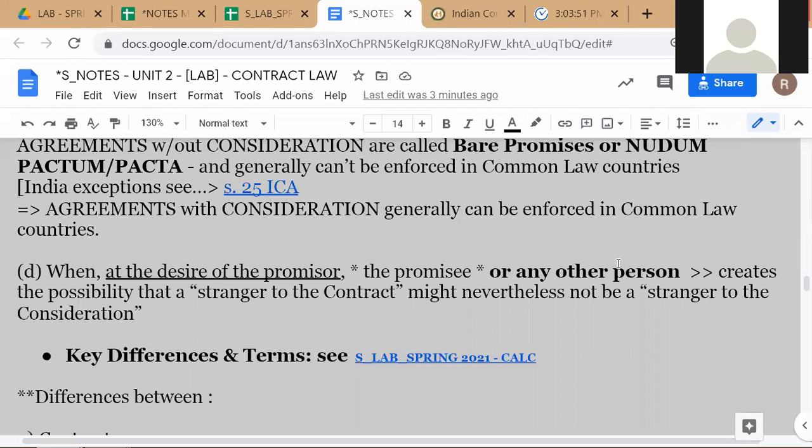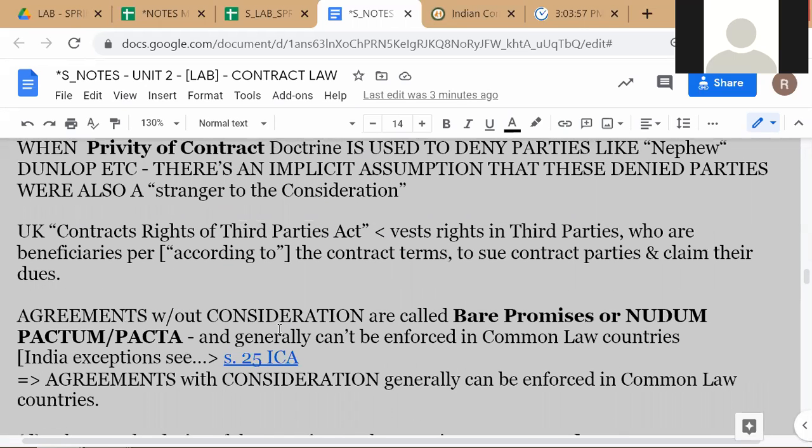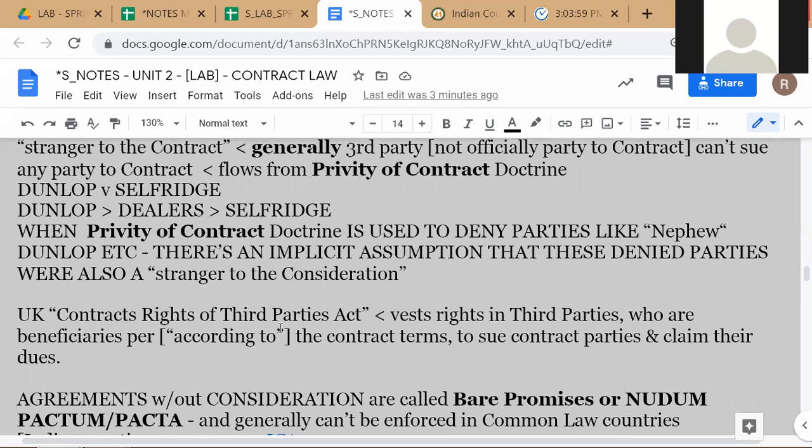So he shall have a right to sue. Okay, only under these circumstances. So it's a very interesting type of language, and you can see how rich the topic is.